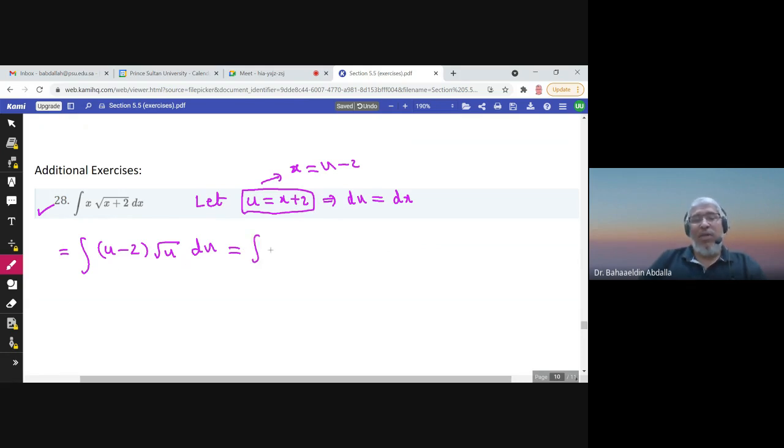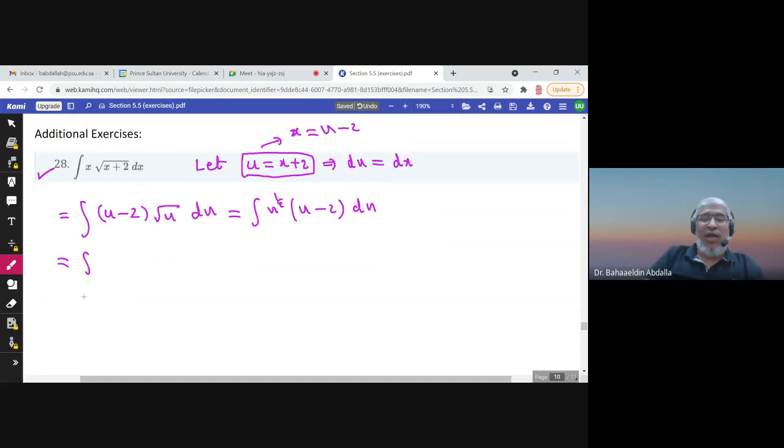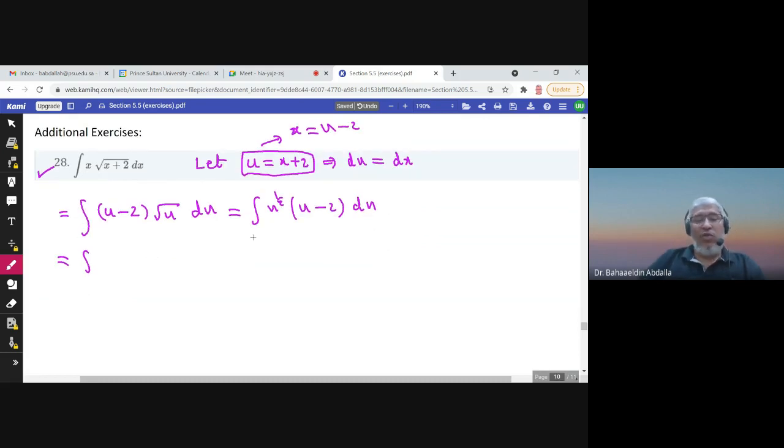How? U to the power half can be multiplied easily by u minus 2. So I'll have integral u to the power half plus 1, 3 over 2, minus 2 u to the power half du.